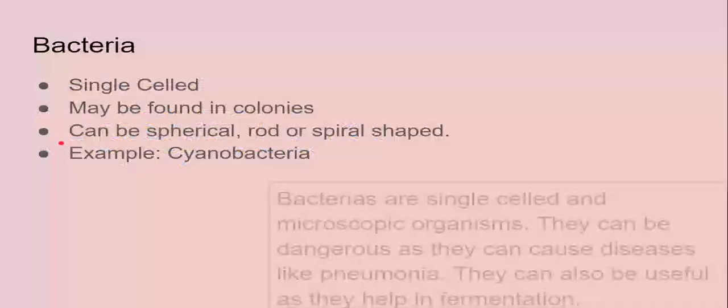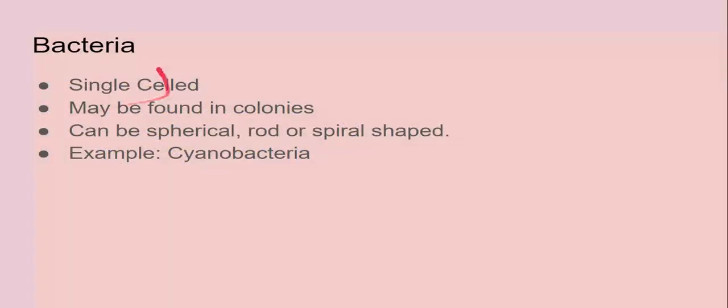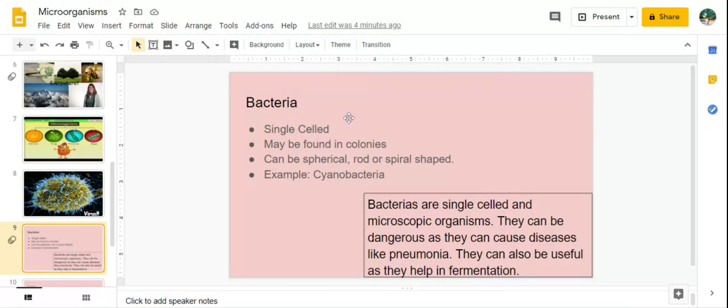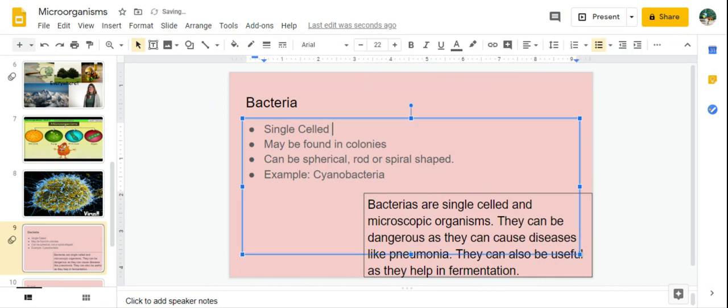So how can we define bacteria? Bacteria is a single-celled organism. That means it is unicellular.